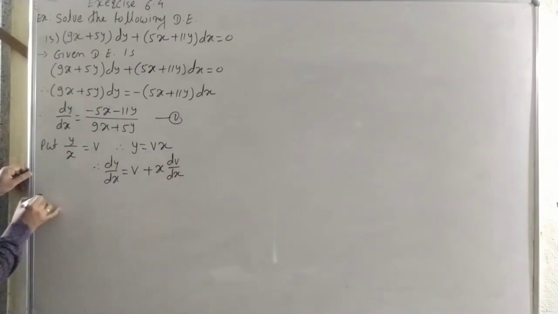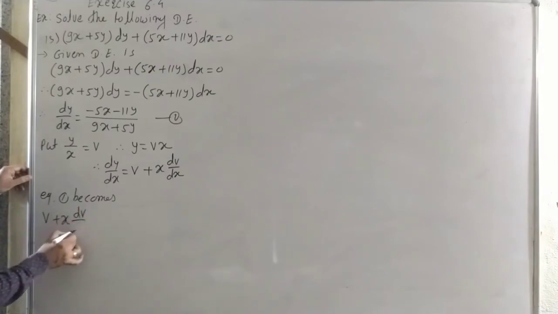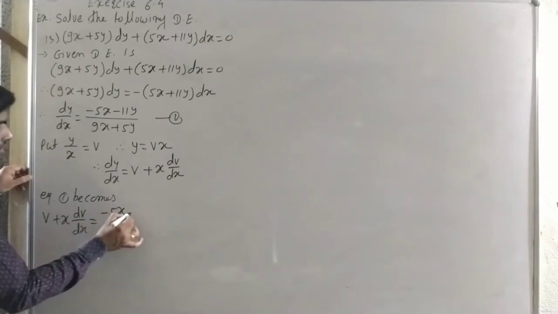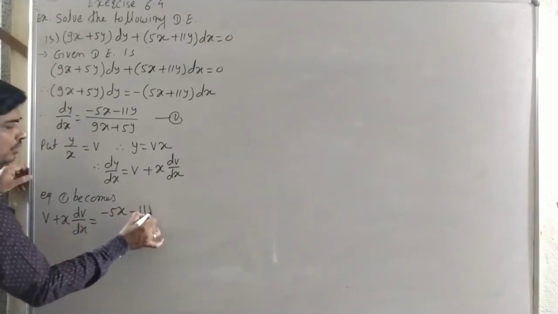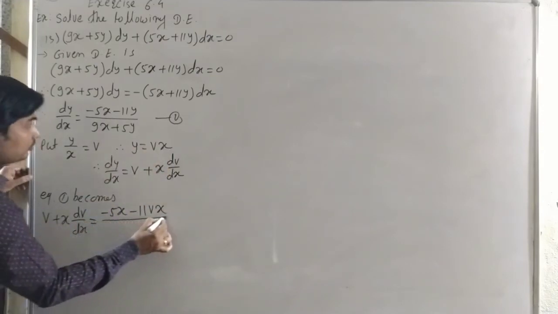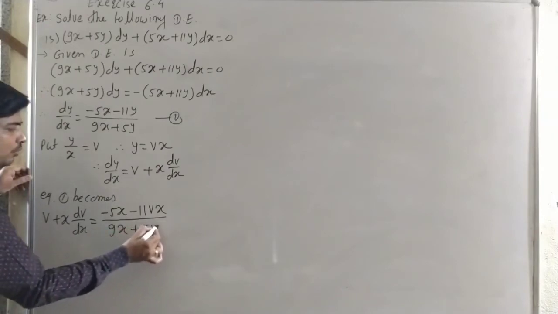Then equation 1 becomes dy by dx, it is v plus x dv by dx is equal to minus (5x + 11vx) upon (9x + 5vx).